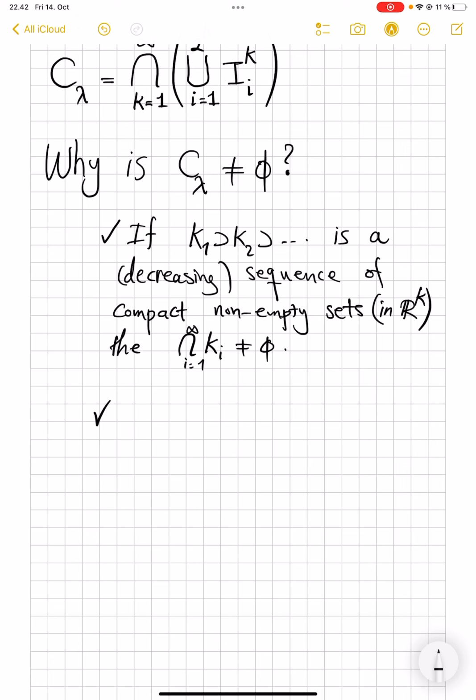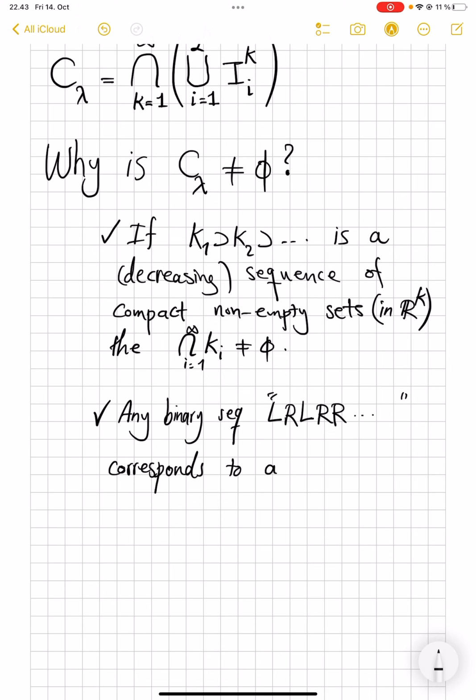Then any binary sequence, left, right, any binary sequence, we can say binary sequence of this type corresponds to a sequence of decreasing intervals.